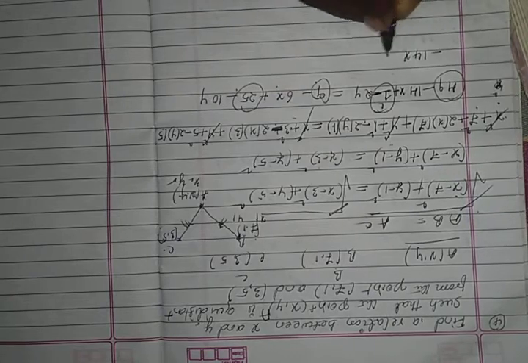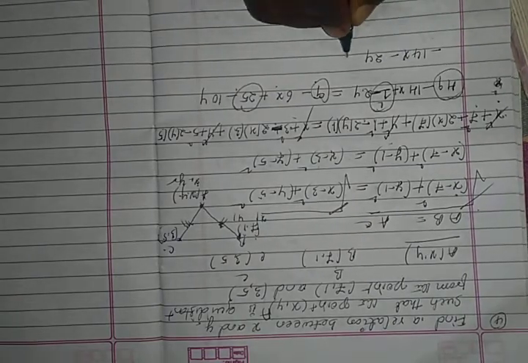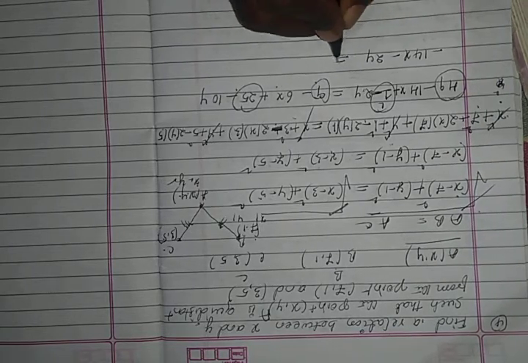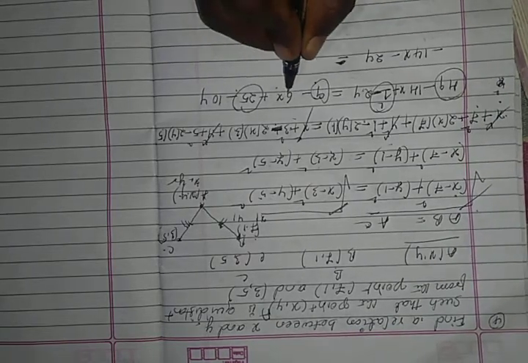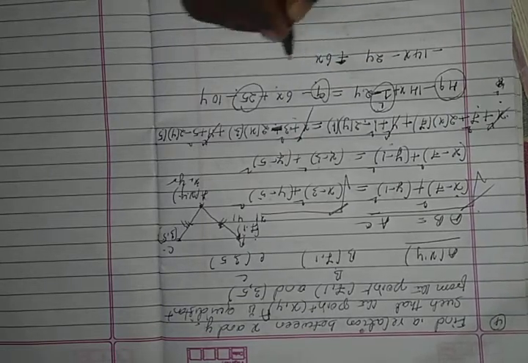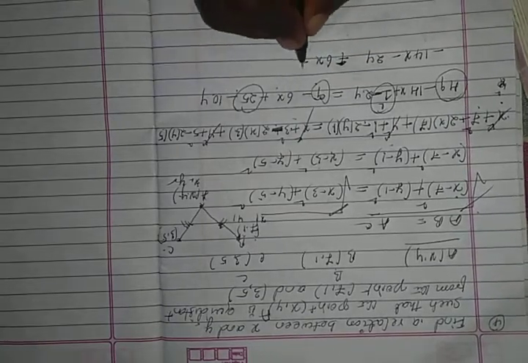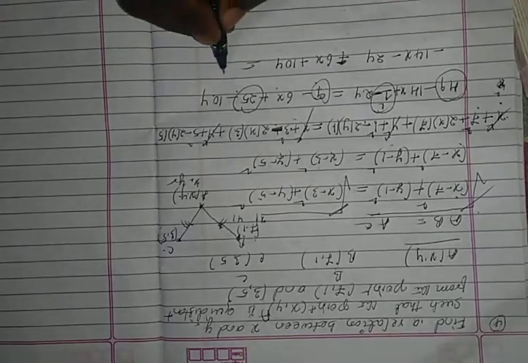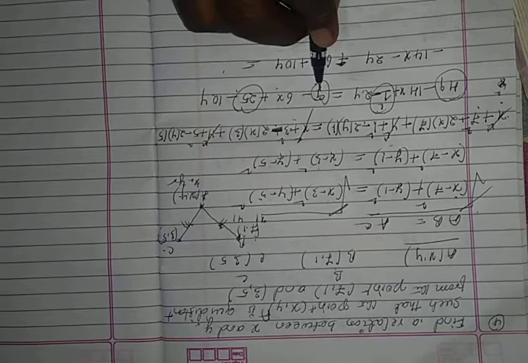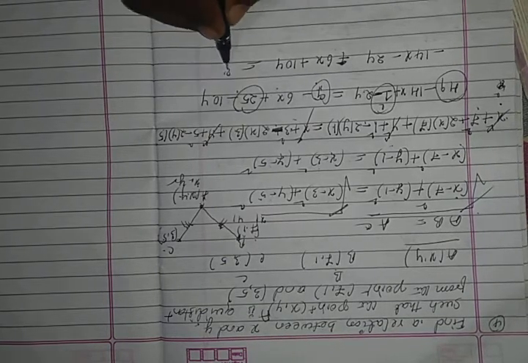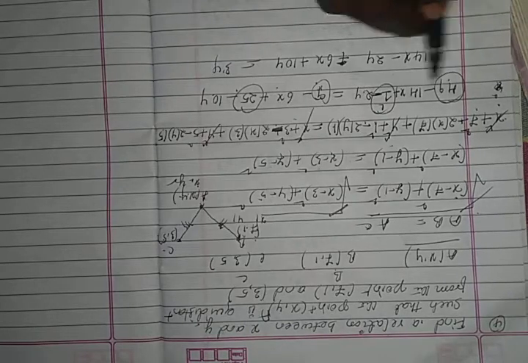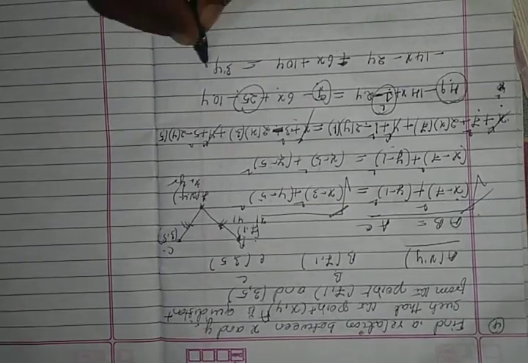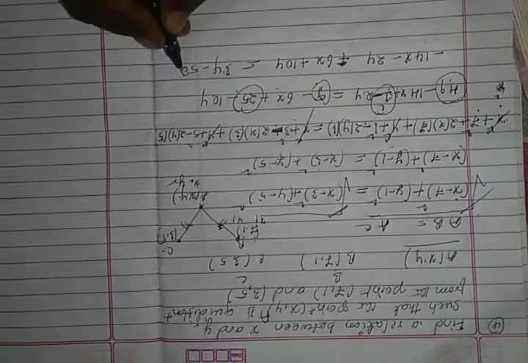Minus 14x minus 2y is equal to, sorry, minus 6x on the right becomes plus 6x on the left, and minus 10y becomes plus 10y. The numbers on the right side are already 25 plus 9, which is 34, and here it is 49. This one is 1 square means 1, so 49 plus 1 is 50, minus 50.